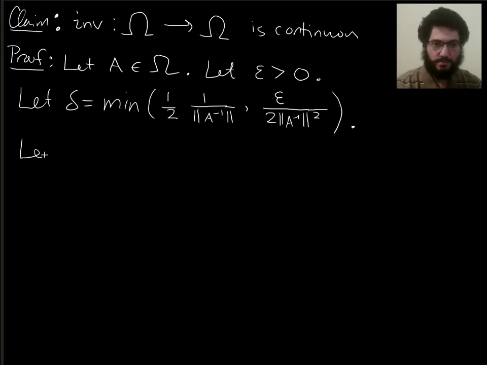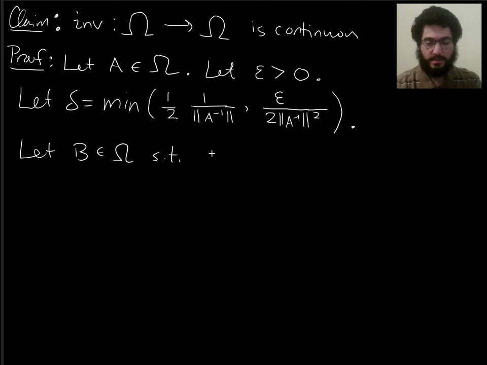Now let B be in omega such that the distance between B and A is less than delta.